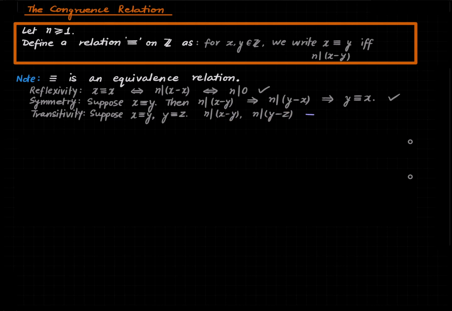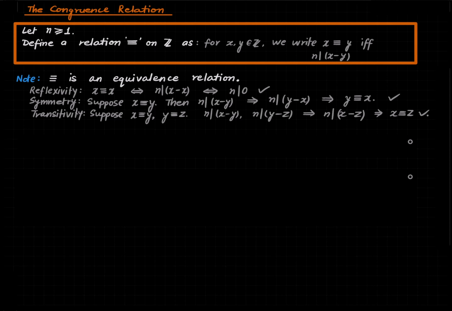So we get n divides the sum of these two. But minus y and plus y cancel out, so we are left with x minus z, which is the same as x congruent to z. So transitivity also checks out. Very simple. So we have defined an equivalence relation on the set of all the integers.